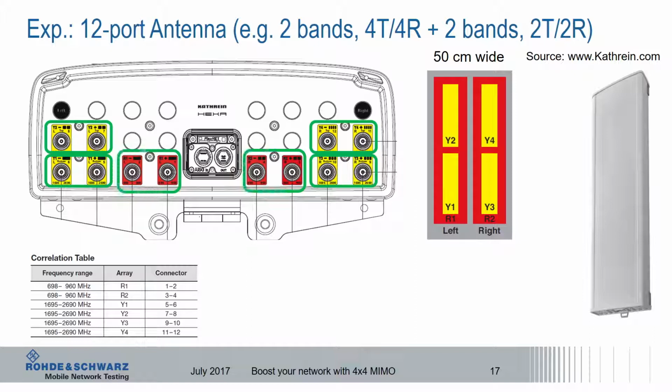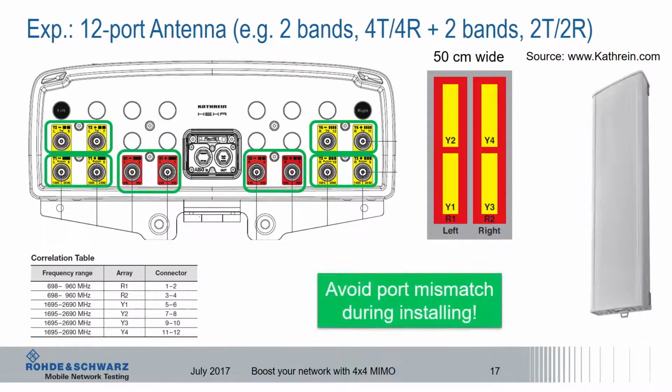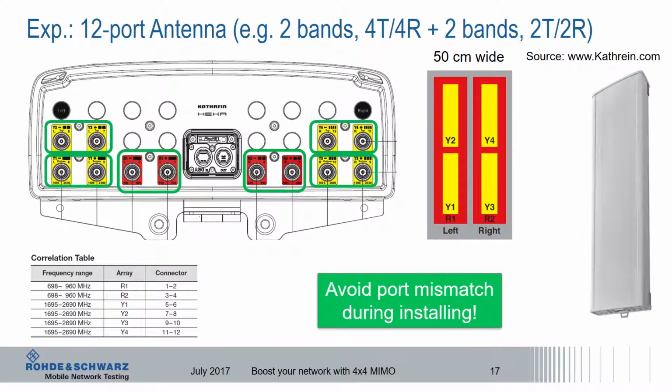And we have 4 connectors in the low band. This offers us 2 transmit, 2 receive, so 2x2 MIMO in 2 lower bands. Please remember, smartphones do not support 4 receive antennas in the lower band due to the bigger antenna sizes. And it's definitely clear, the higher the number of antenna ports, the higher is the probability for cabling errors. And they need to be avoided, of course, or at least they need to be tested in the field.